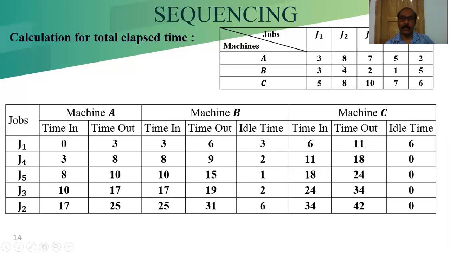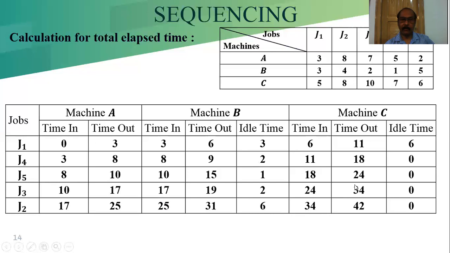I have to check that data in the actual problem. Then, idle time is 25 minus 19 is equal to 6. That is okay. 25 plus 4, J2 for the machine B is 4, so this will be 29.